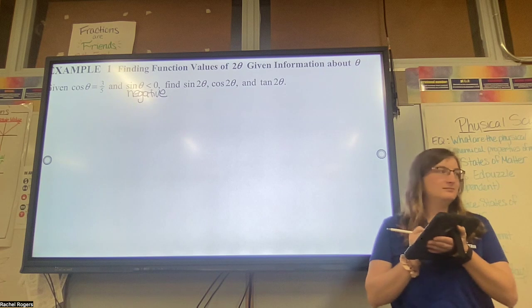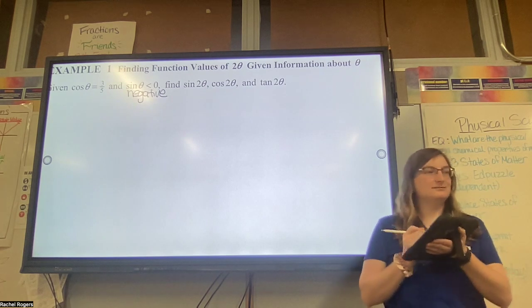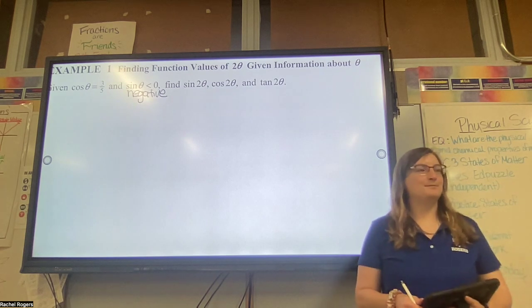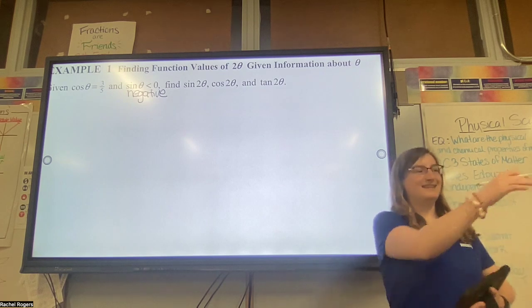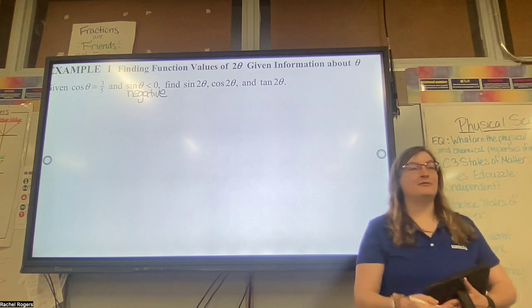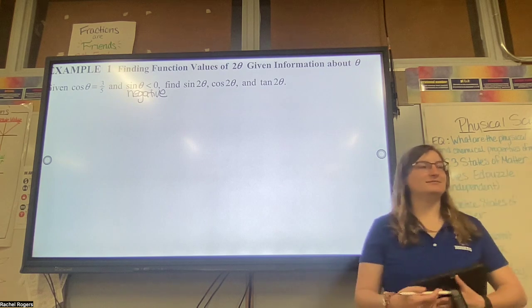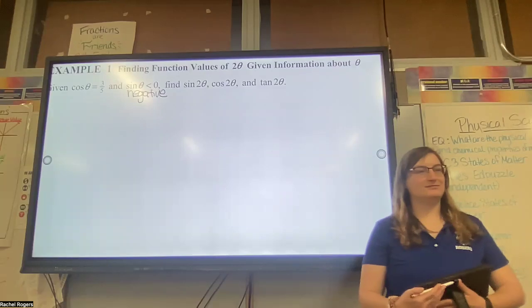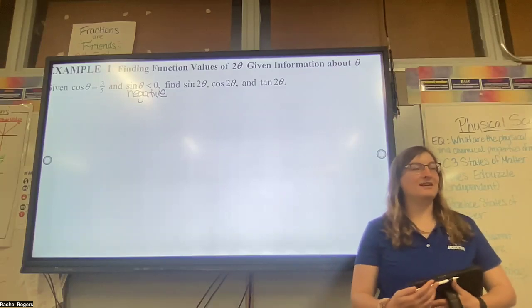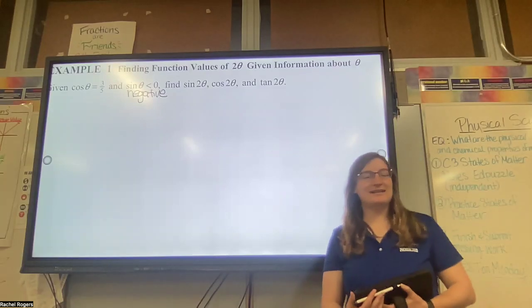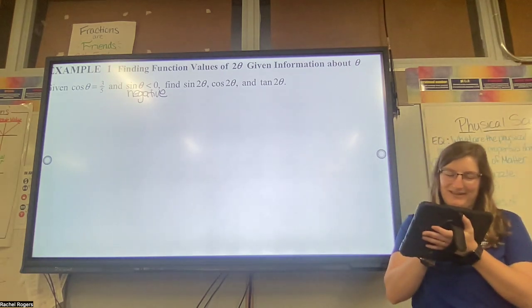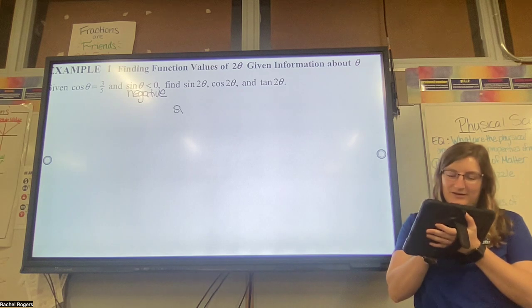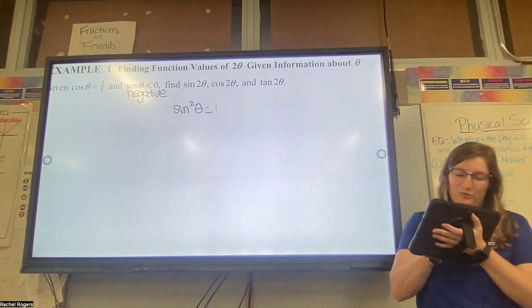Find sine of theta with cosine of theta. What identity do we have that directly relates sine and cosine? From last week. Yeah, the Pythagorean identity, right? Sine squared plus cosine squared equals 1, which means that sine squared of theta is equal to 1 minus cosine squared of theta.